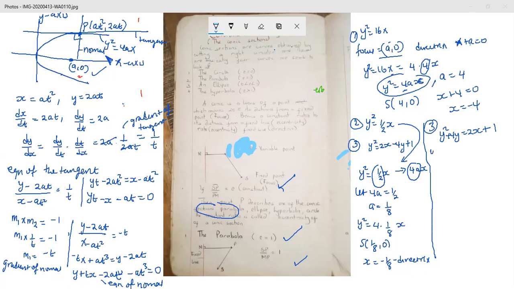You use completing squares, and you can say y squared plus 4y plus half of 4, you get 2 squared, minus 2 squared is equal to 2x plus 1. So you get y plus 2 squared is equal to 2x plus 5. This 4 goes over with a negative, becomes a 5.